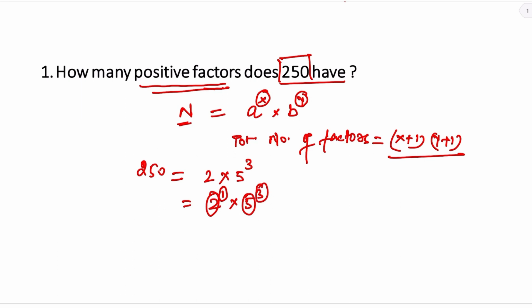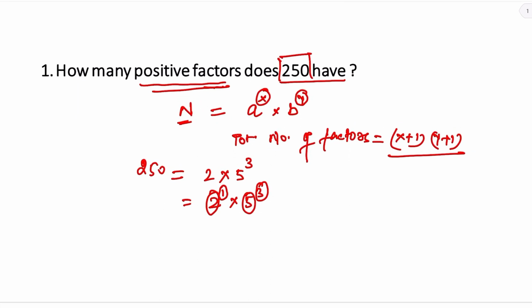So we simply need to add 1 to these powers, that is 1 plus 1, 3 plus 1, and multiply them. So that means 2 into 4, so 8. So total number of positive factors of 250 is 8.